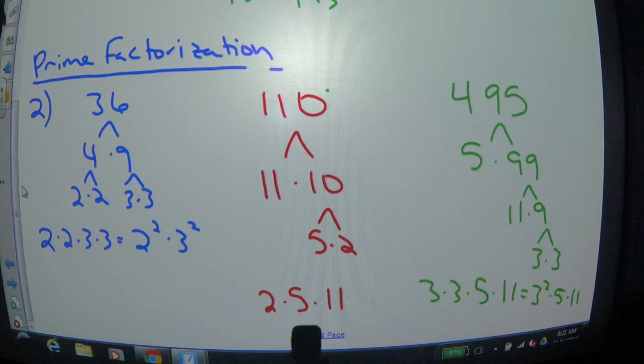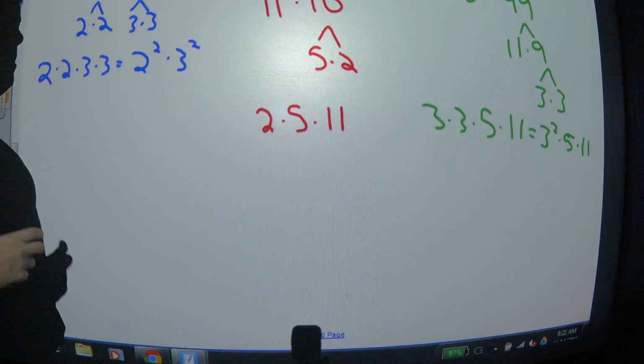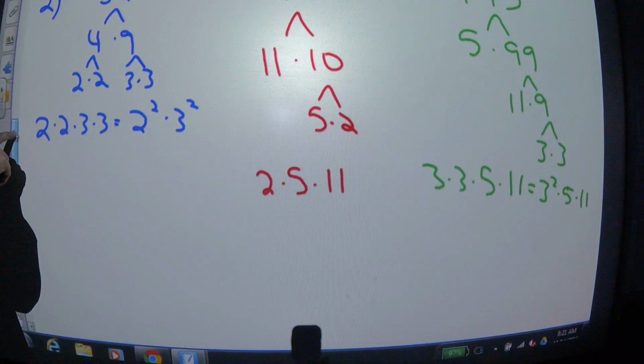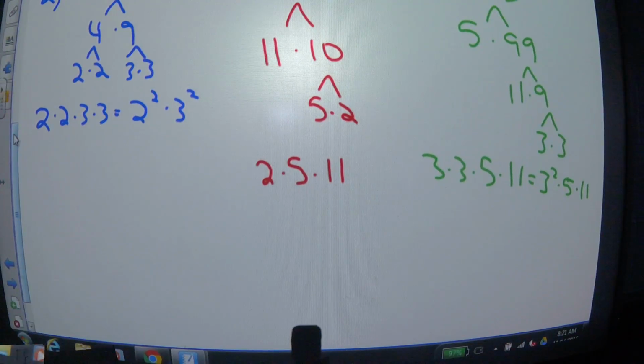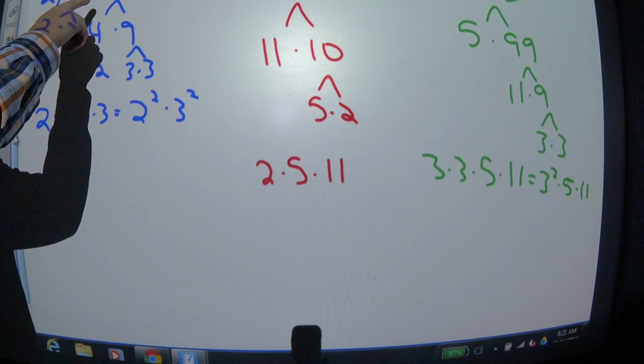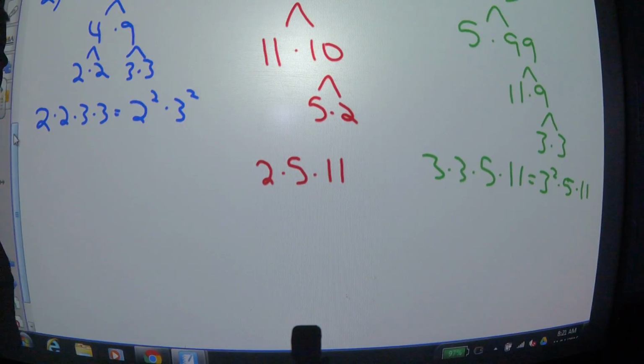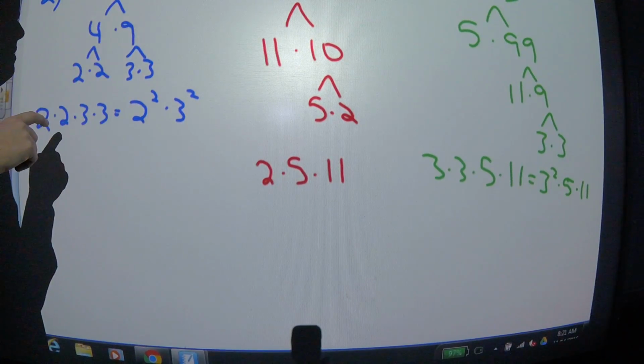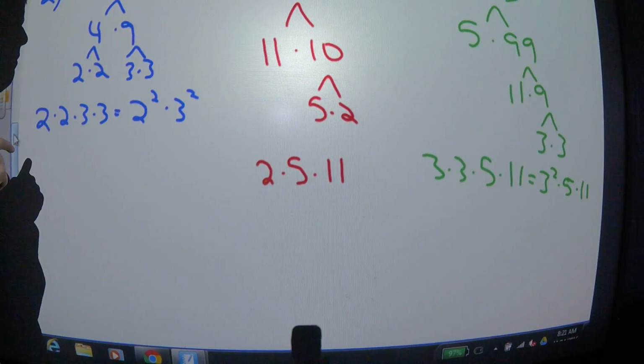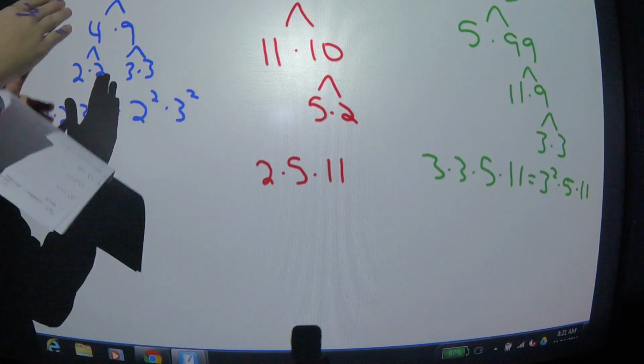Prime factorization is breaking a number down to just its prime factors. Using a factor tree, which is the easiest for me, you take 36 and make an upside down V or a point.